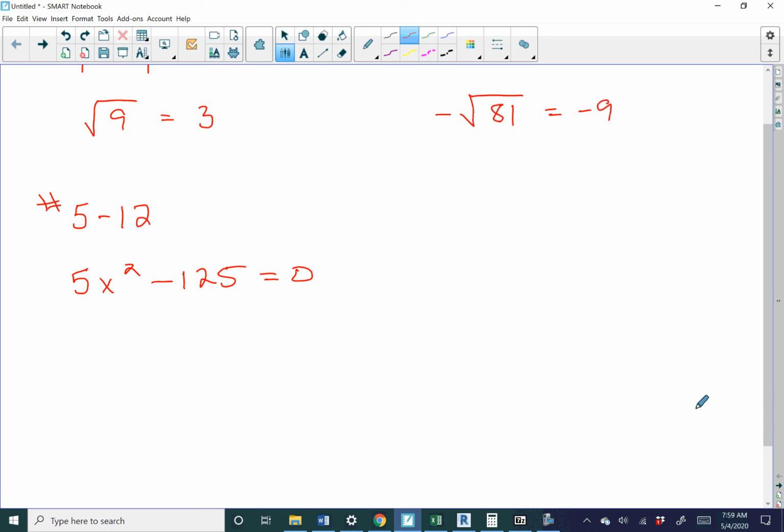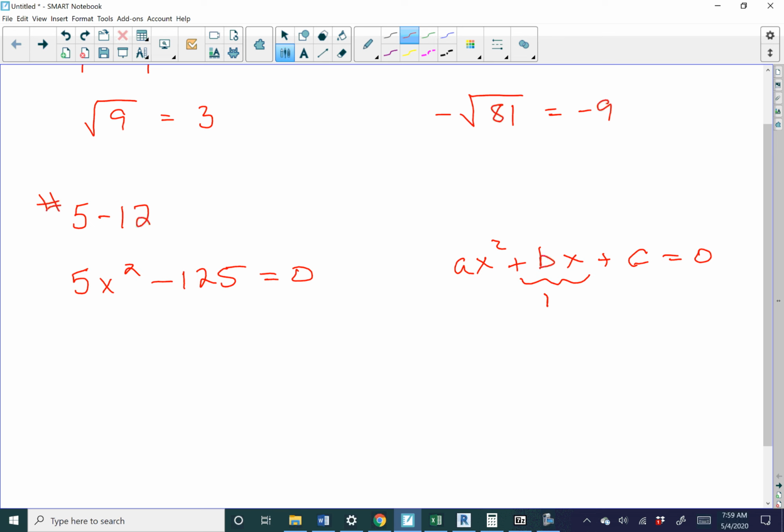Okay, so on 5 through 12, it is when we're solving for a variable using square roots, and this is a quadratic equation. It is ax squared plus bx plus c, but what you can notice here is that the middle term bx is missing.